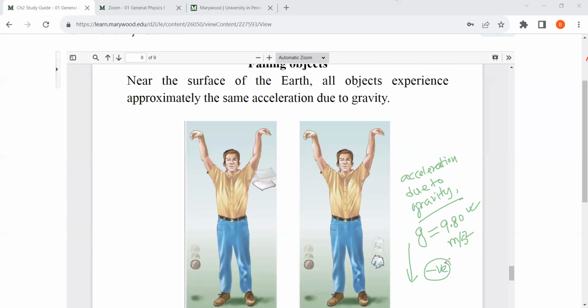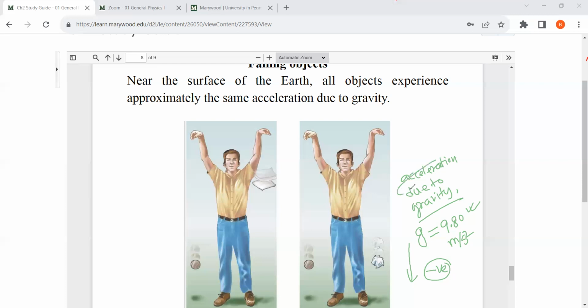The one thing we have to add here is that we have to ignore the air resistance. If you consider the air resistance, then it will be a little bit different. But if you ignore it, then we can just use some of the kinematic equations to explain the motion. So what are those equations?